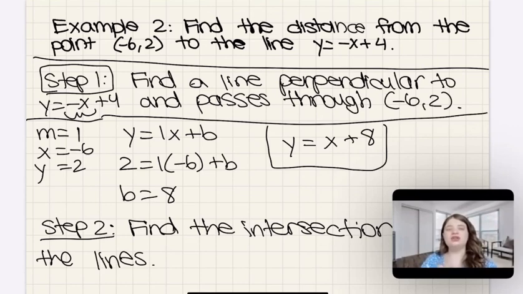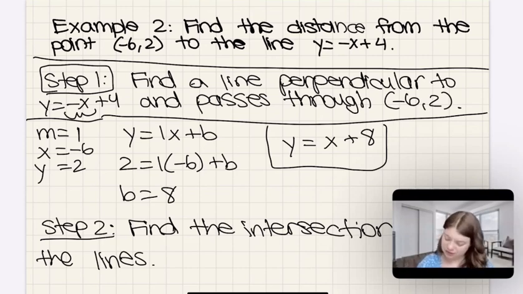So we need to know where the line that goes from there perpendicular through our other line, and the first line we were given, meet. Because where they meet is the other point that we're going to use later with the distance formula in order to find the distance.